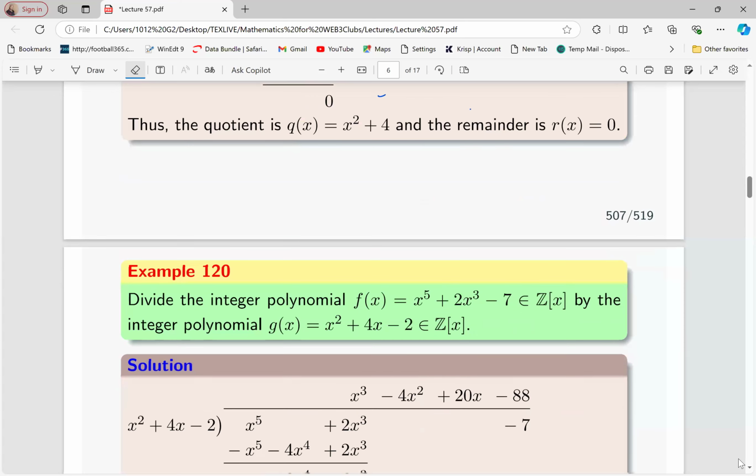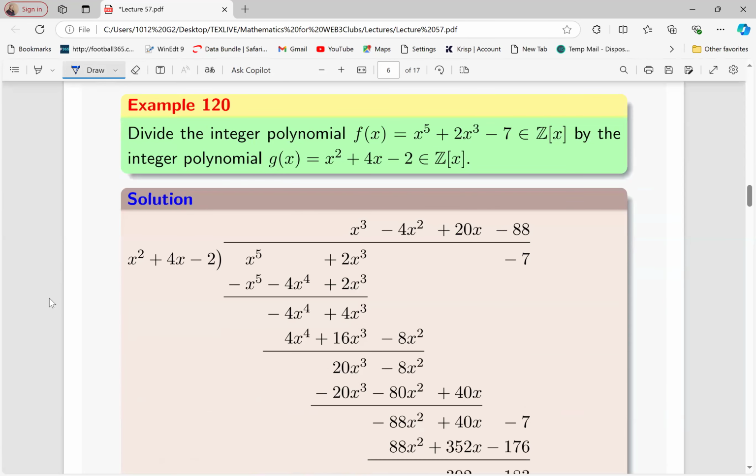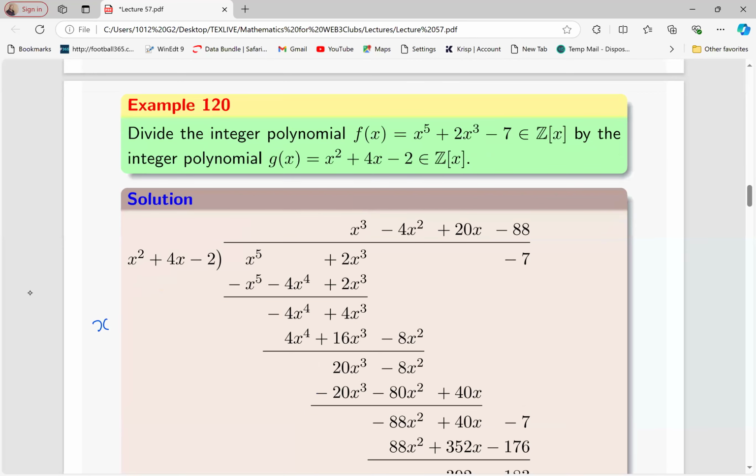Now let's look at another example again. I want to divide x squared plus 4x minus 2 into x raised to 5, 0x raised to 4, 2x cubed, 0x squared, 0x, then minus 7.